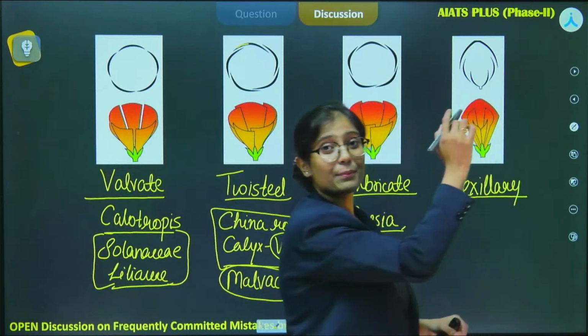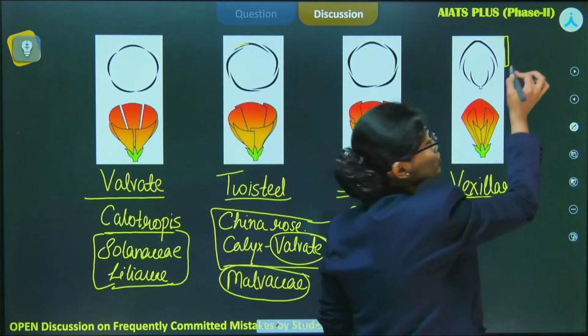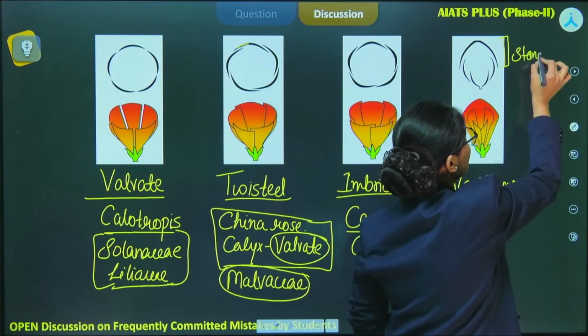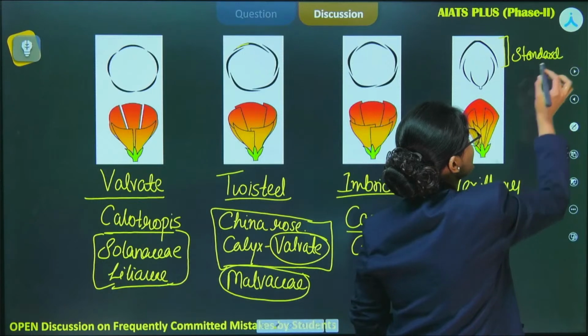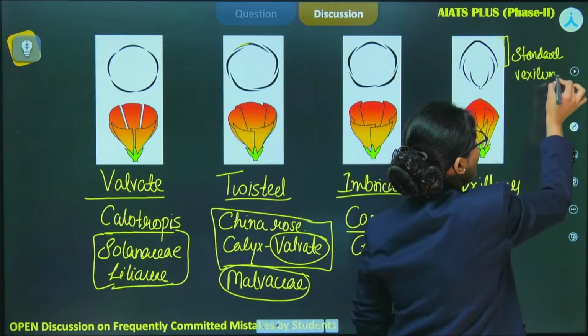And if we talk about this aestivation, the first petal, which is the largest one, is known as the standard, which is also known as vexillum or carina.